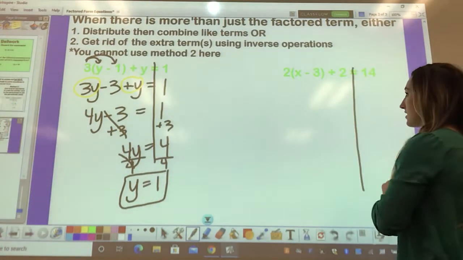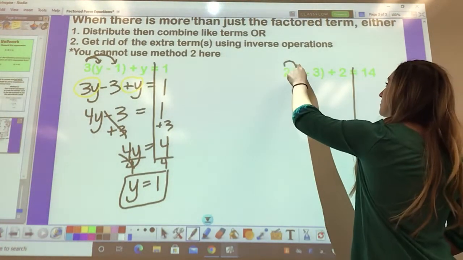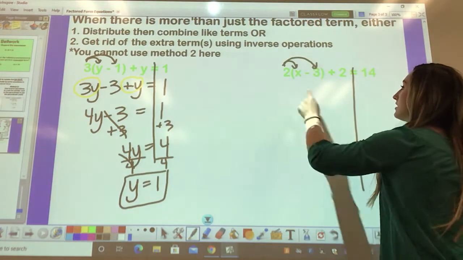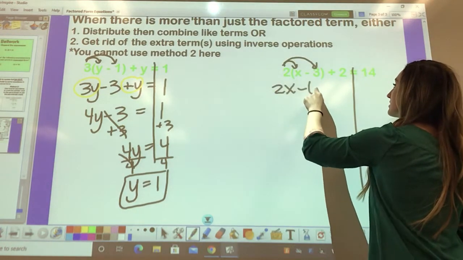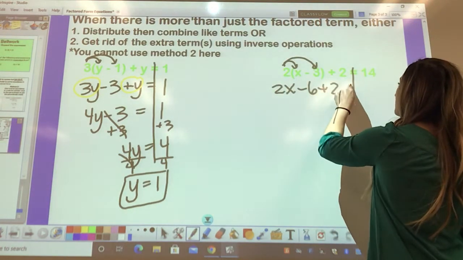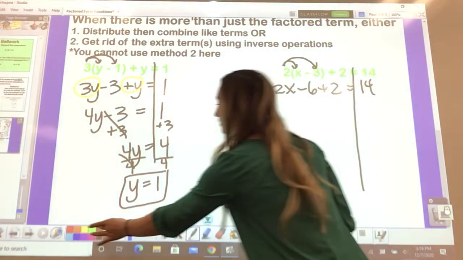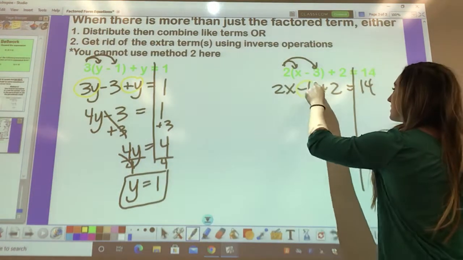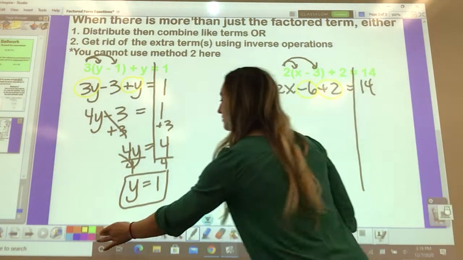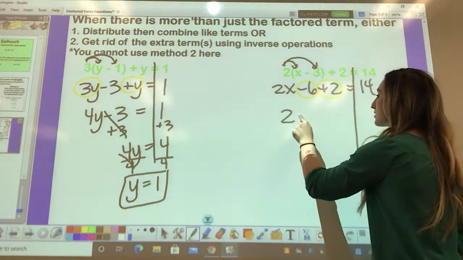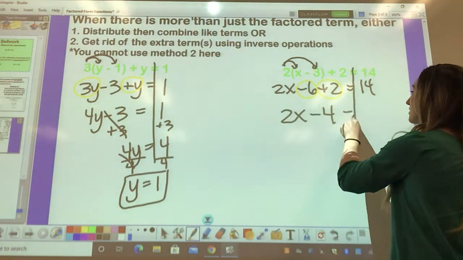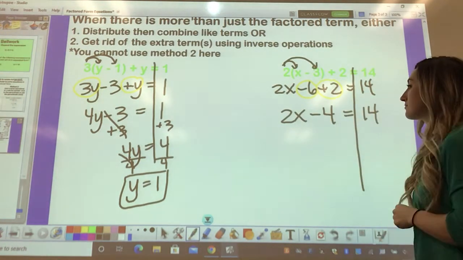And let's do it again over here. Again, we need to use method 1. We need to distribute here to get 2x minus 6 plus 2 equals 14. Combine like terms. -6 plus +2 is -4. So this will become 2x minus 4 equals 14.